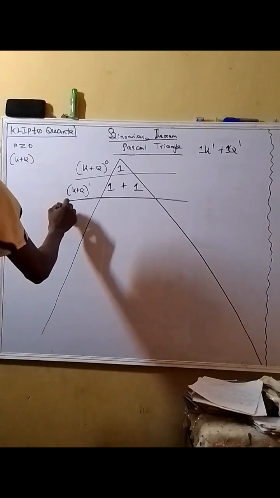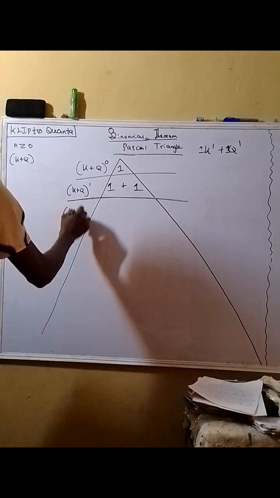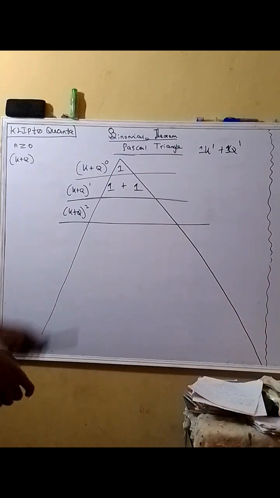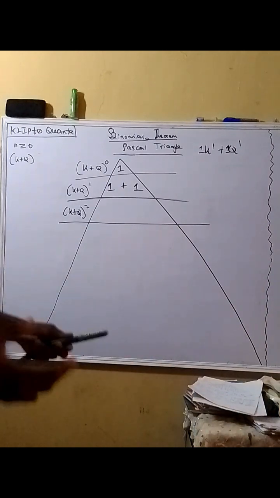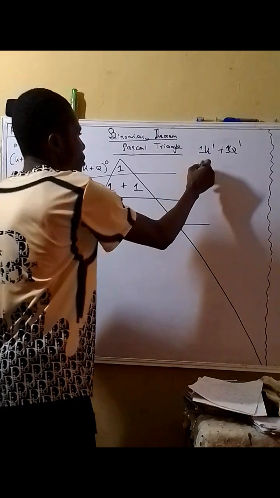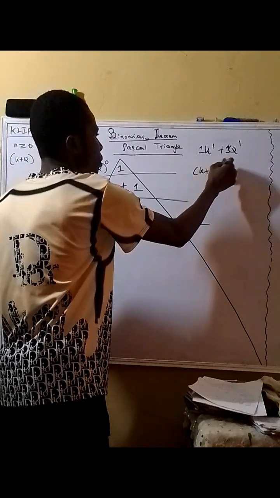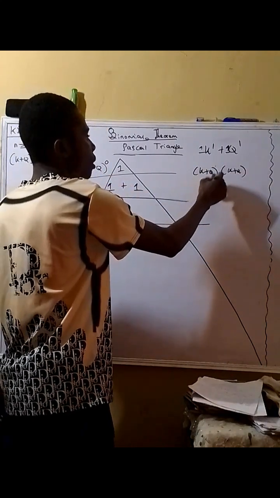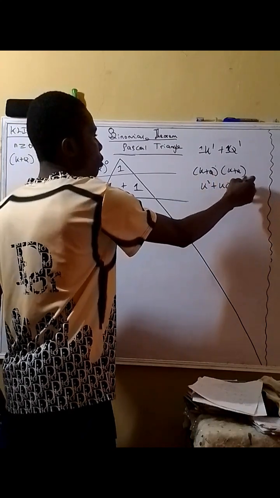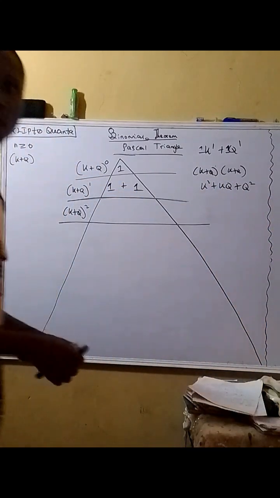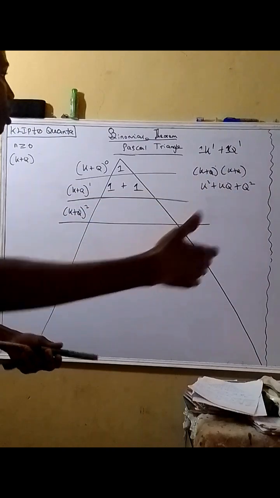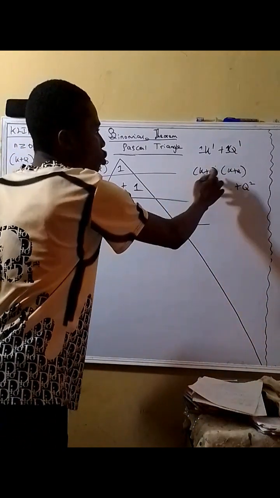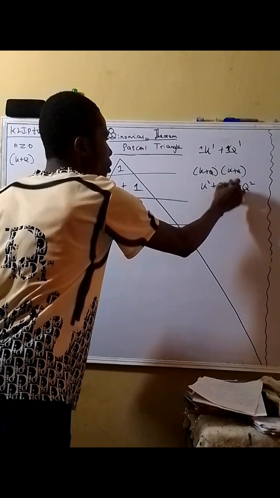The next one we have is k plus q raised to power 2. Then from there, we know k plus q raised to power 2 can be expanded like this: k plus q into brackets k plus q. Multiplying it will give you k squared plus 2kq plus q squared. The coefficient of 2kq, because this will be kq and this will be kq, so you have 2kq.